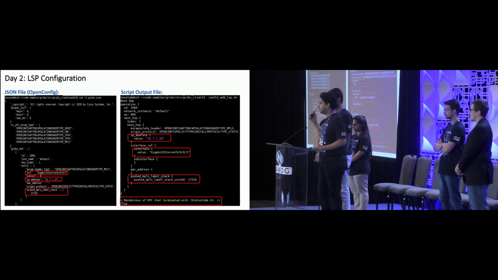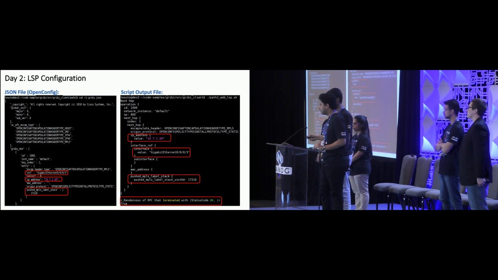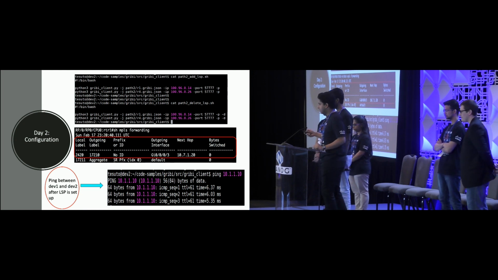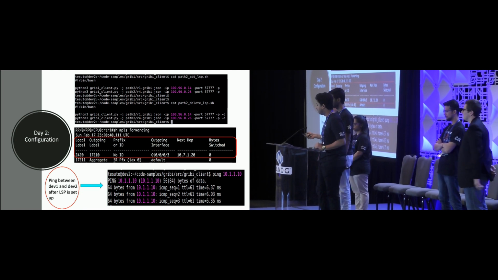So for example, if an interface goes down, that LSP path should be torn down, and then we should establish a new LSP without having that interface in the path. That would have been our future work. Here we see the MPLS forwarding table with all the relevant labels that we pushed once the script was run. And once that happened, we had end-to-end connectivity, and ping was successful.